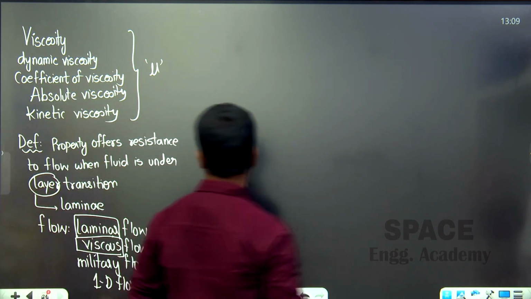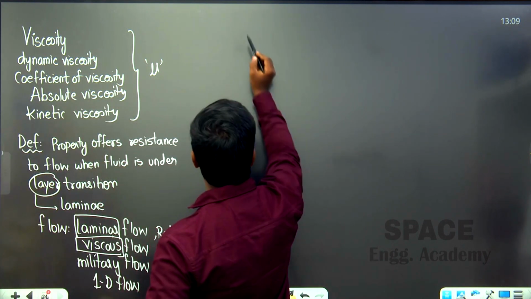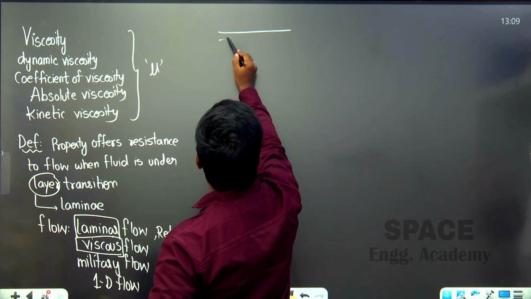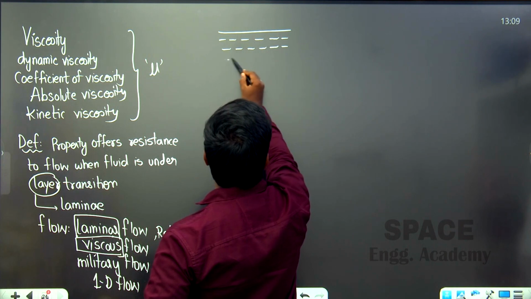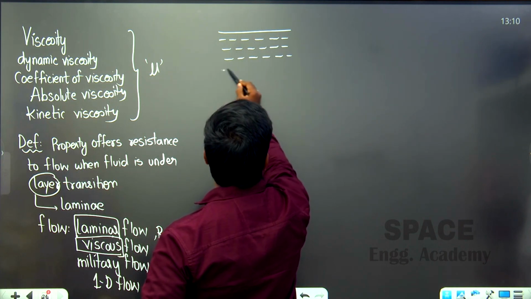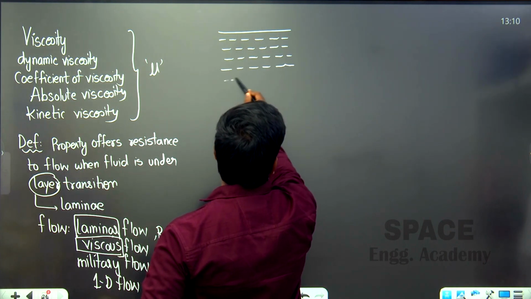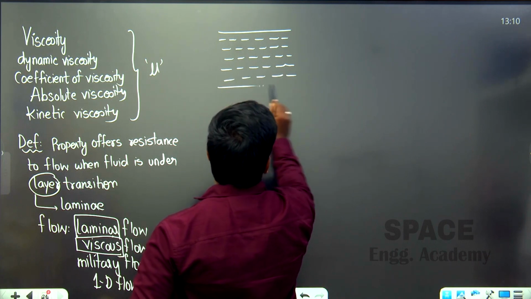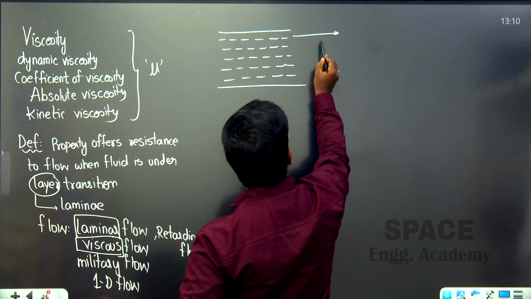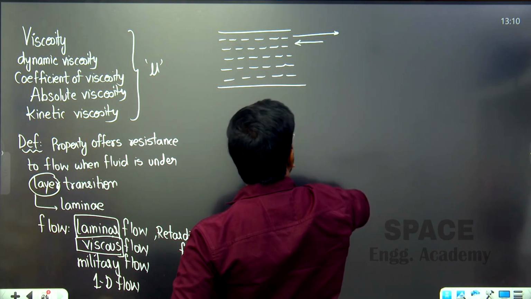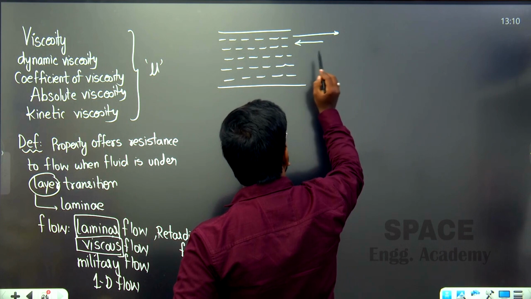Resistance it is. So when the fluid is flowing, observe, the liquid is under layer by layer transitions, one layer over the other. And when the first layer is under motion, the second layer is going to create some resistance over it, some shear resistance.